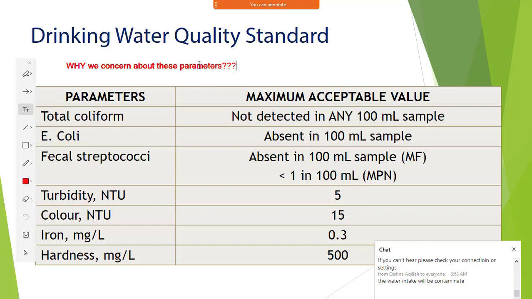And what are the harmful or side effects of these parameters if, for example, the hardness was very high, like 1000, 2000, and if the total coliform became detected, if the E. coli existed or was detected.